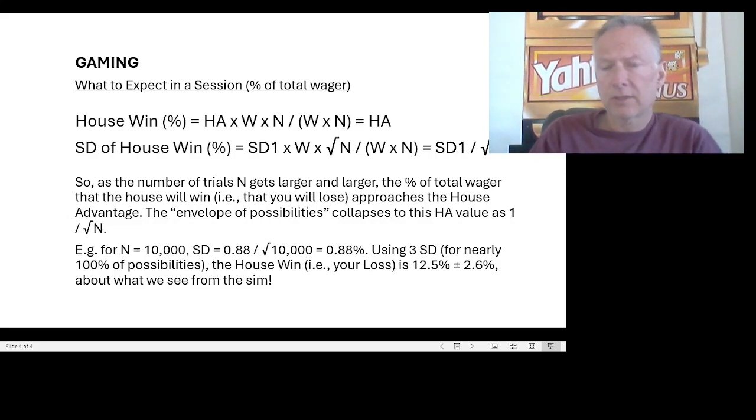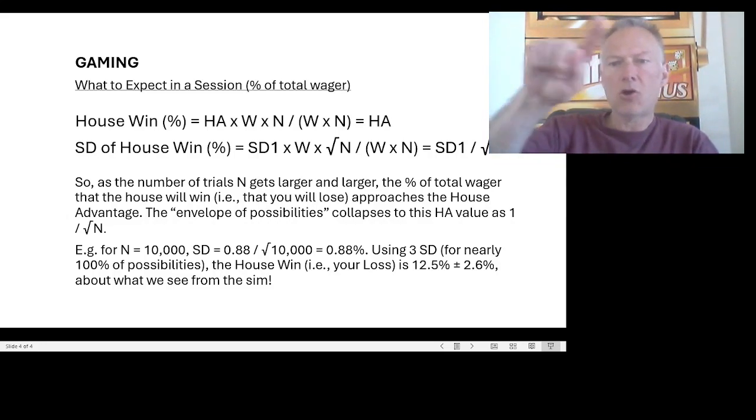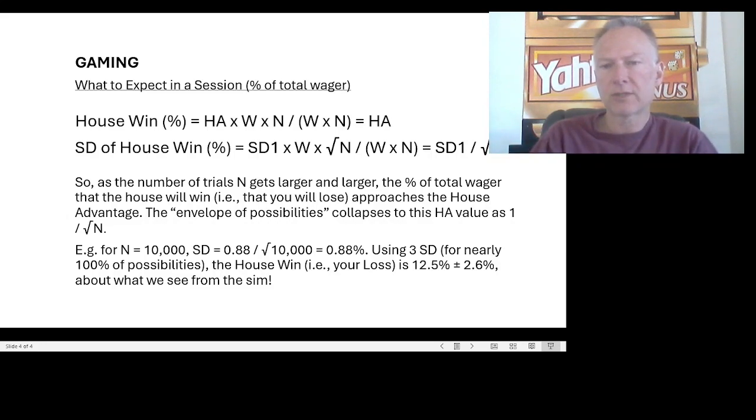And when we looked at the sim results, remember, we were trying to kind of get all of the points or almost all the points. So it turns out if you go out plus or minus 3 standard deviations, you get 99.7% of all possibilities. And so we're going to use that value because that's pretty close to what we were trying to approximate when we looked at the sim results.